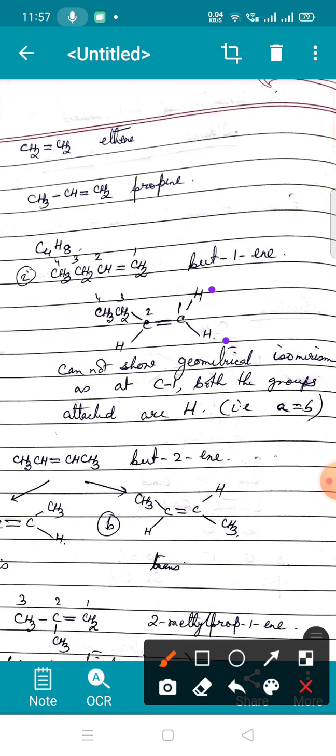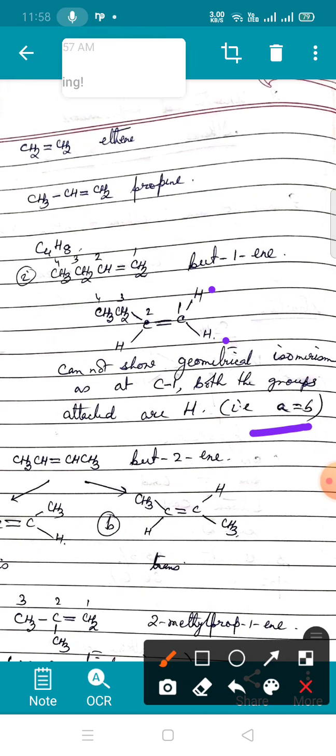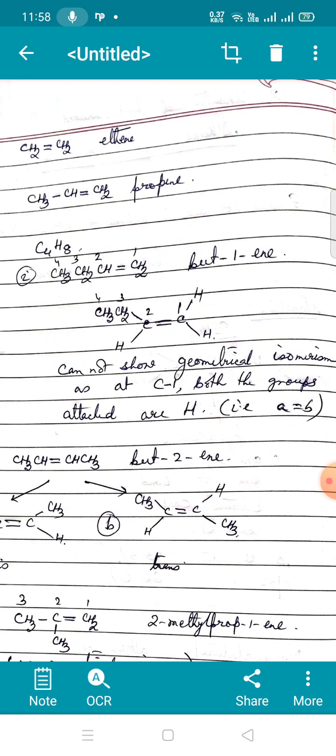So that means A is equal to B. If A is equal to B, they cannot exhibit geometrical isomerism. Because if I rotate it also, the structure will not change, it will remain the same. Though on the other side I have 2 different groups, on this side I have the same group. Hence, they cannot exhibit geometrical isomerism.